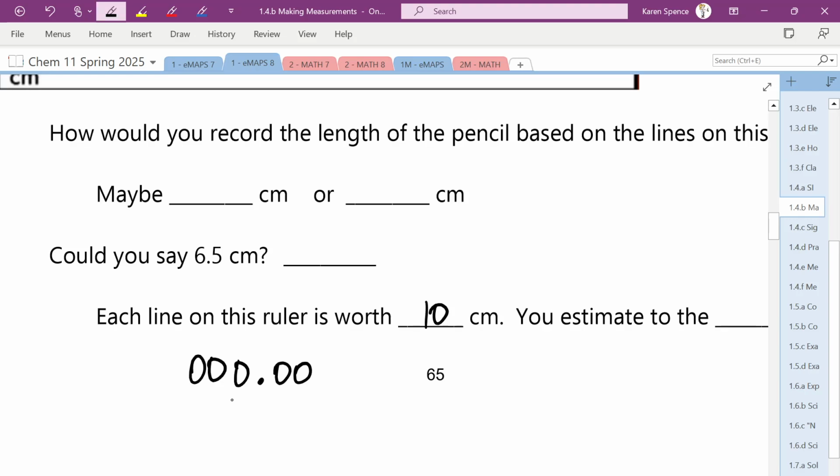So if each line is worth the tens position, then we can estimate the ones.